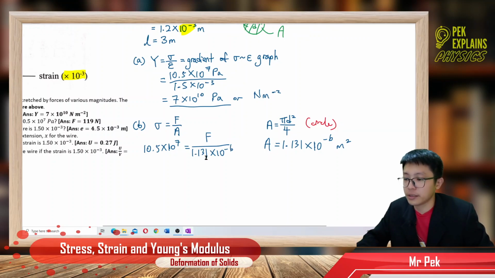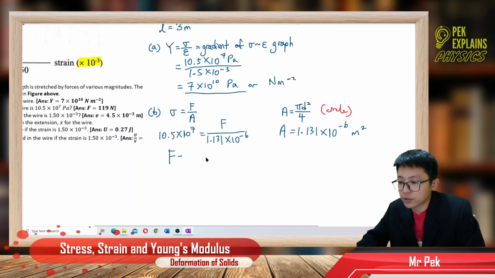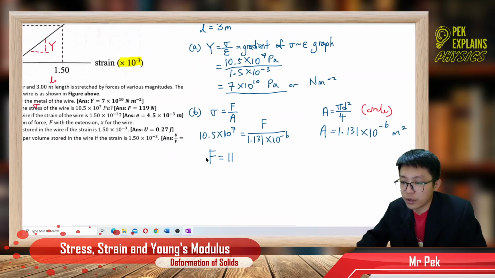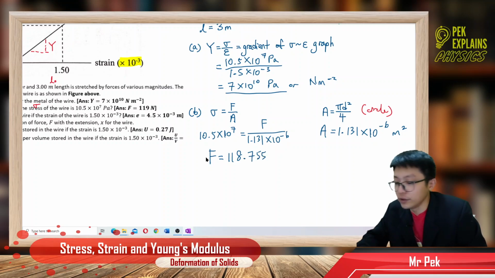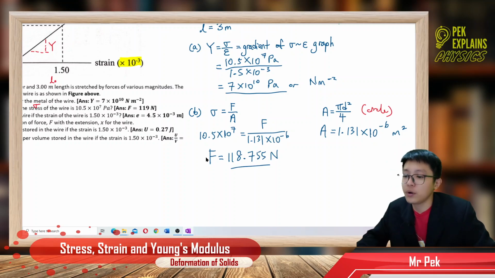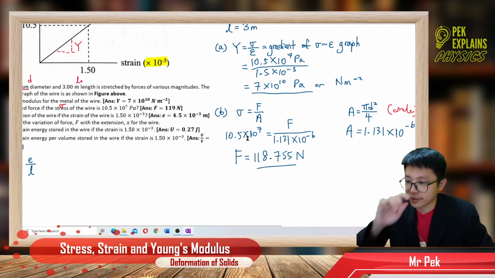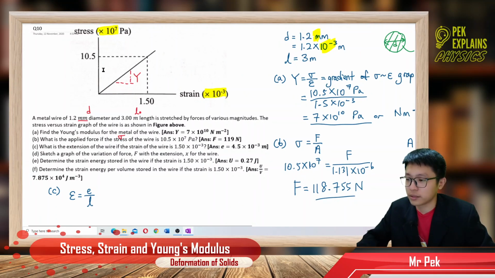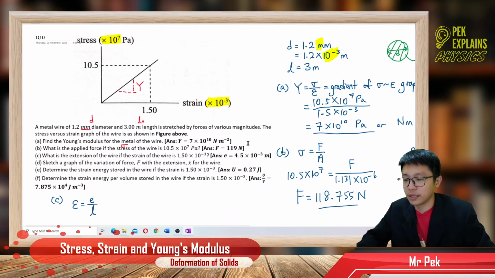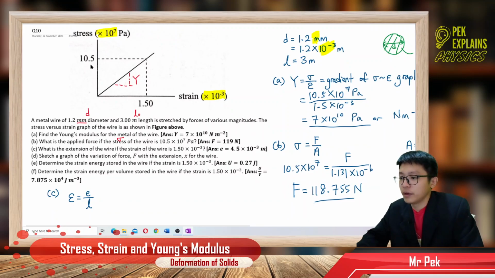Substitute this inside, then I can get my applied force, which is 118.755 Newton. That's my applied force for this stress. So I can say this 10.5 stress is equivalent to a force of 118.755 Newton.